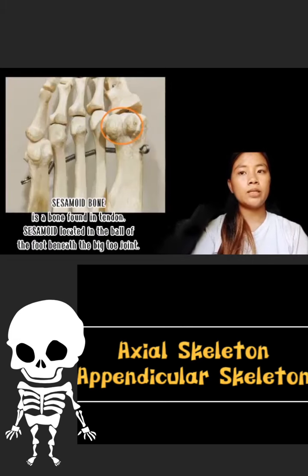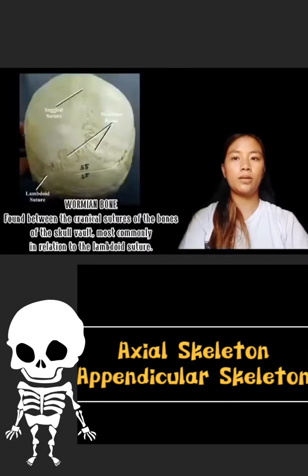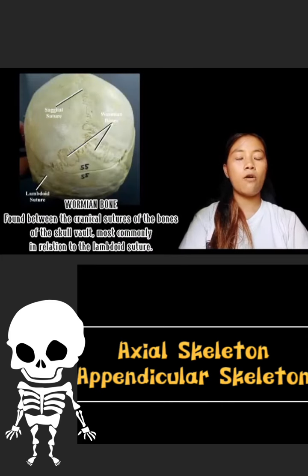Sesamoid bone is a bone found in a tendon. Sesamoid located in the ball of the foot beneath the big toe joint. Wormian bones found between the cranial sutures of the bones of the skull vault, most commonly in relation to the lambdoid suture.